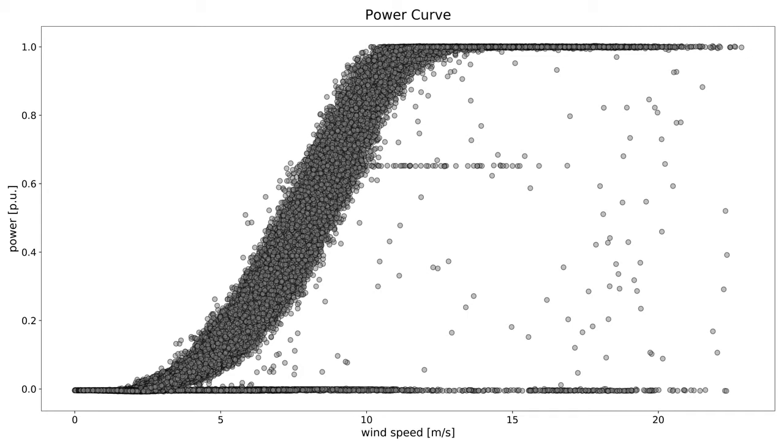For example, again, we have our distribution. We take a slice of these data, in this example with a bin width of 1 meter per second.